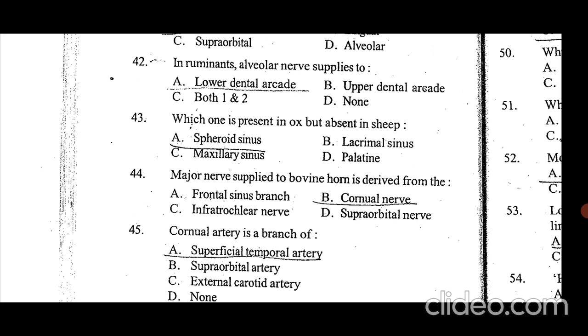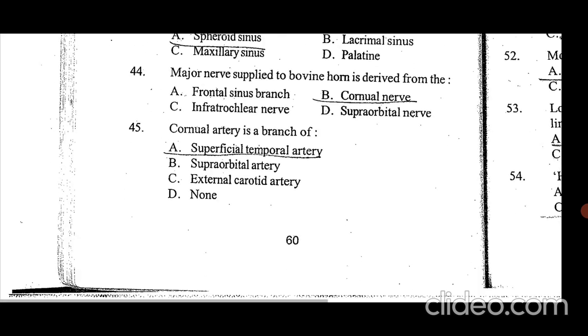There is a cornual nerve, but there is no cornual artery. The cornual process is innervated by the cornual nerve, but its blood supply is by the superficial temporal artery.